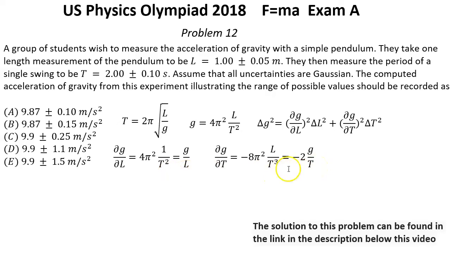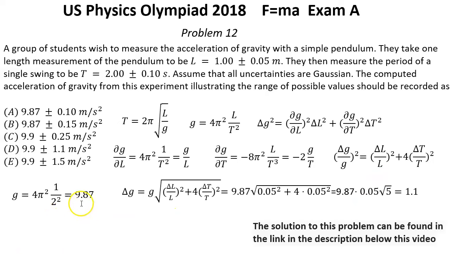Now we can put this expression in this formula and find that delta g over g squared equals this expression, and finally we have g equal 9.87 and delta g equal 1.1.